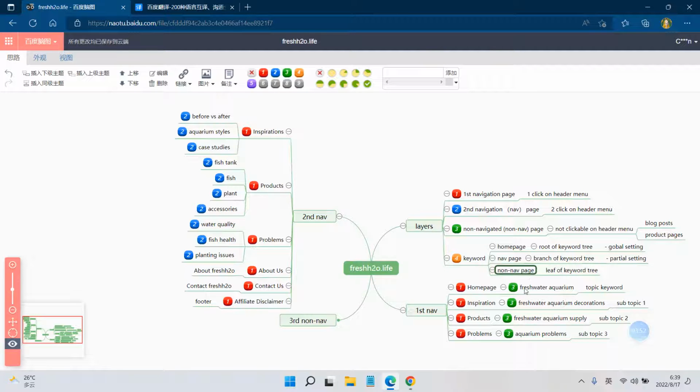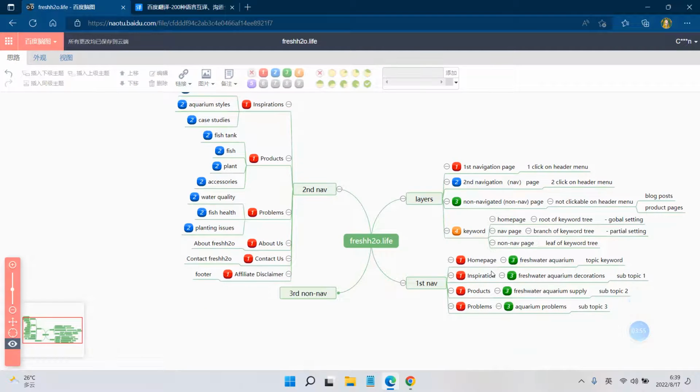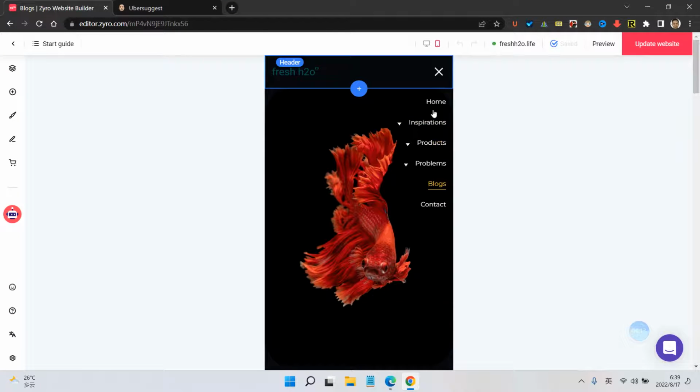Okay, then let me show you. This should be the fourth. This is the keyword. So you have to understand that the first navigation page is the home page.